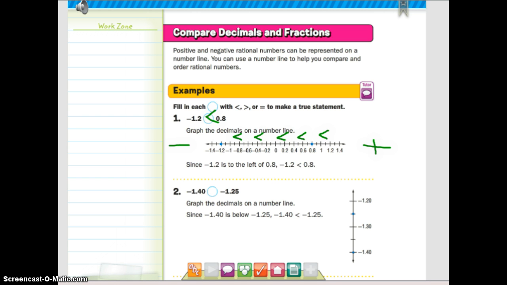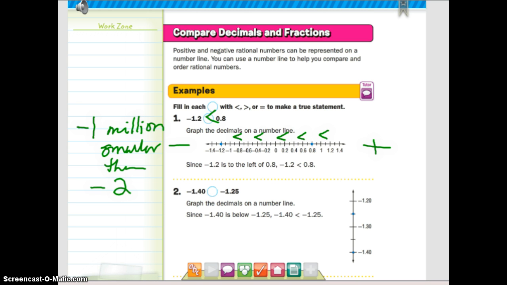The next one we have in number 2 is negative 1.40 compared to negative 1.25. The first thing that you must understand about negative numbers is as the number value increases, it's smaller in size. So negative 1 million is smaller than negative 2.